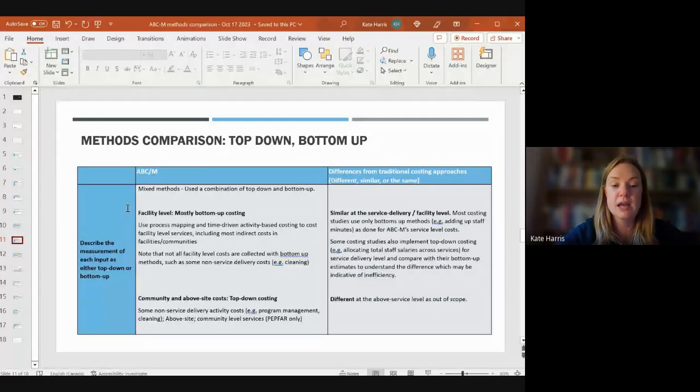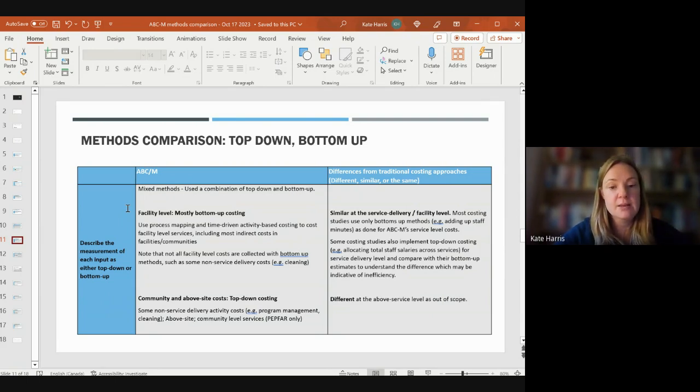There's one caveat here, and that is not all facility level costs were included in the bottom-up methods. For example, some non-service delivery costs like cleaning costs were included in a top-down method, whereas in other costing studies, they include those in their bottom-up as well. But for the most part, facility level is bottom-up ingredients-based costing.